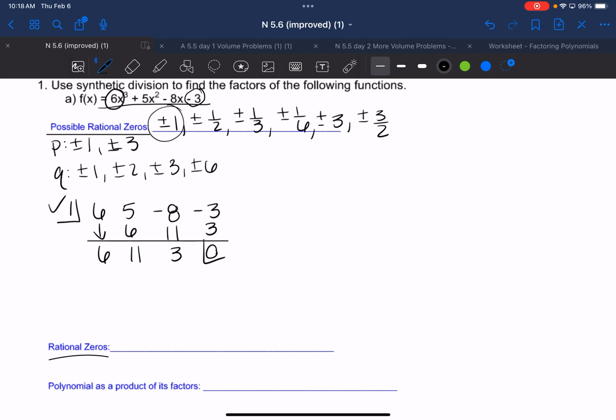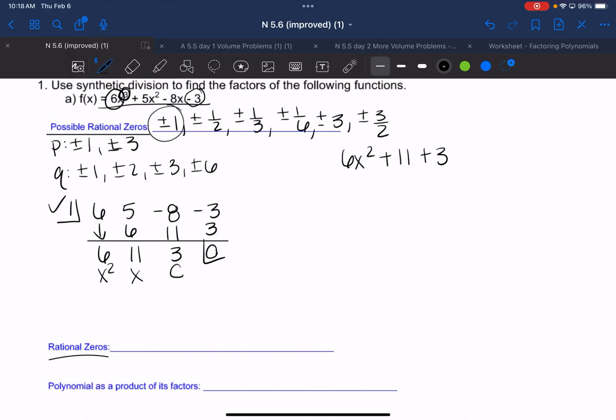Now that we know that this is a factor, and I have divided this down, remember, it always drops a degree from what it was. So it was degree 3. I took out an x, so this must be, so we'll have 6x squared plus 11x plus 3 is what we came up with, right?